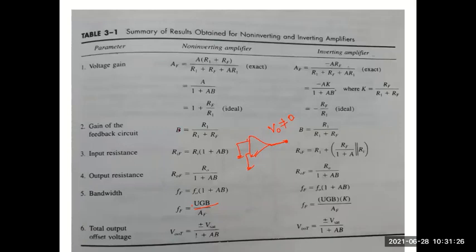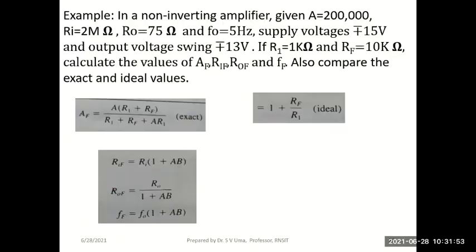But because of the mismatch between the transistors which make the building blocks of op-amp, there is always a chance that irrespective of both the inputs being 0, the output will tend to have some value which is not 0. And that error voltage which appears is called the output offset voltage. Anyway, the offset voltage values we'll talk a bit later.